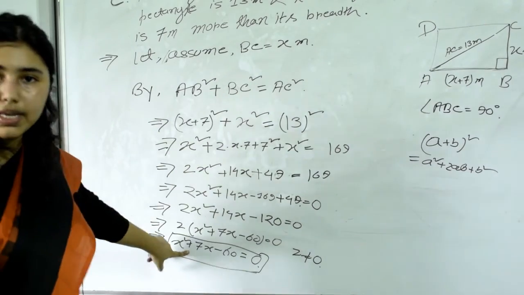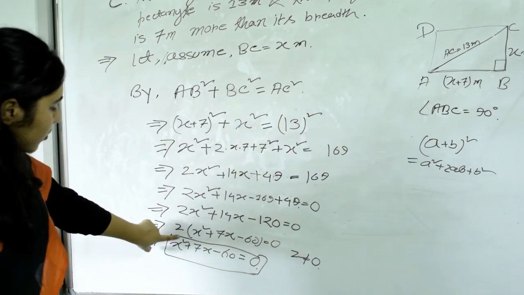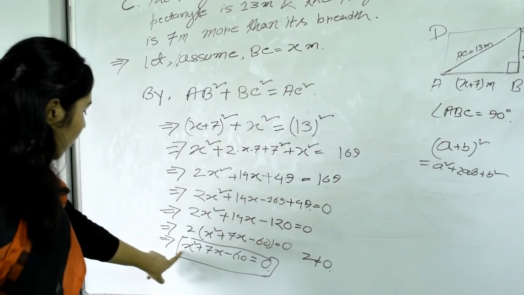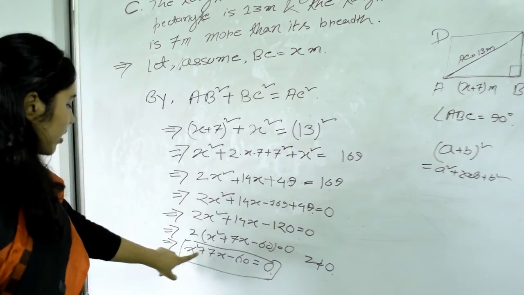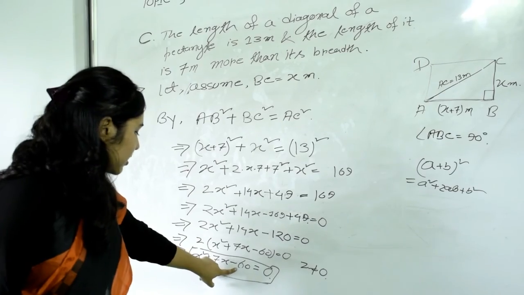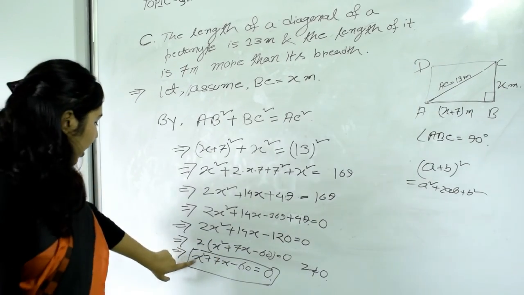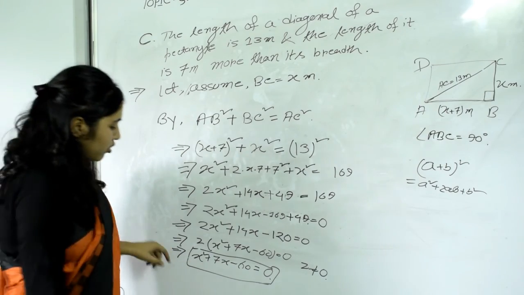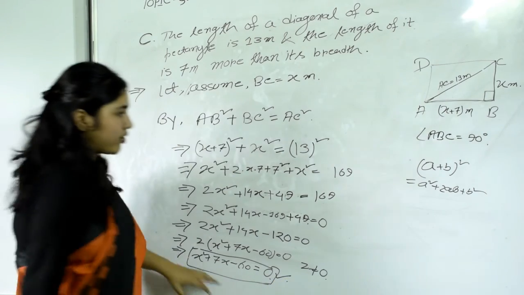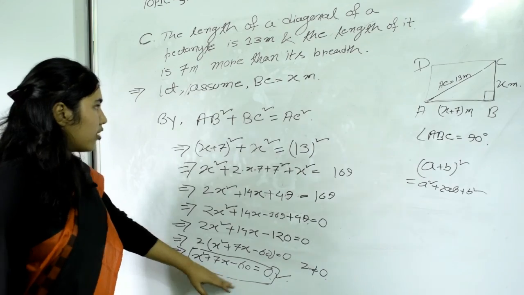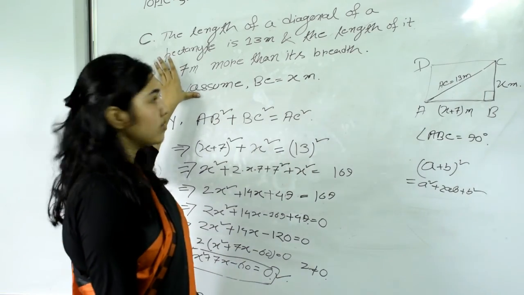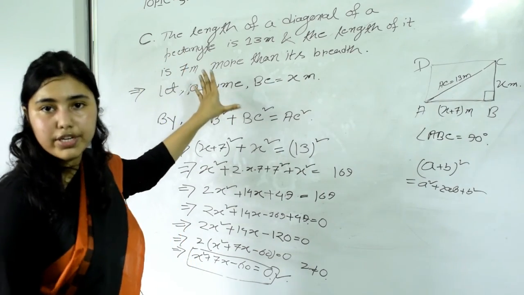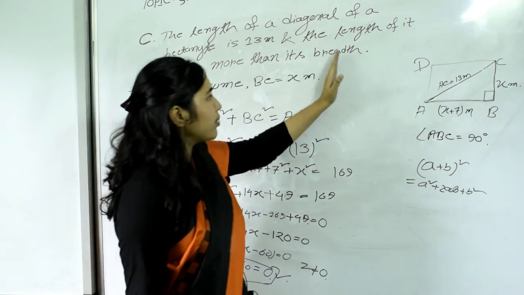Here the variable is x, the highest power of the variable is 2, and all the coefficients, which are 1, plus 7 and minus 60, are real numbers, and the coefficient of x square is not 0, which means this is a quadratic equation. Now we have learned how to form a quadratic equation from a given problem.